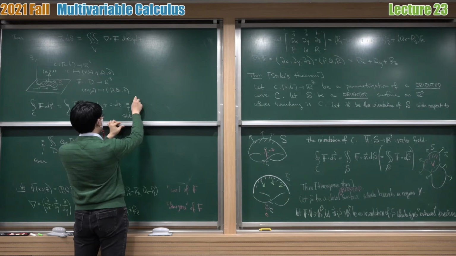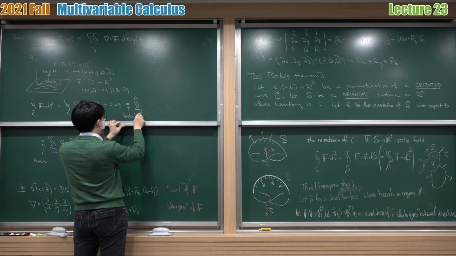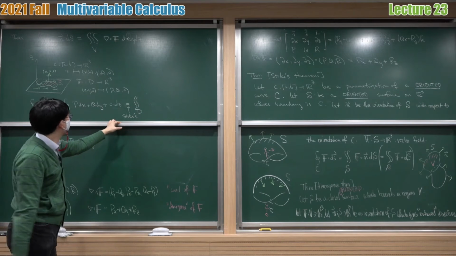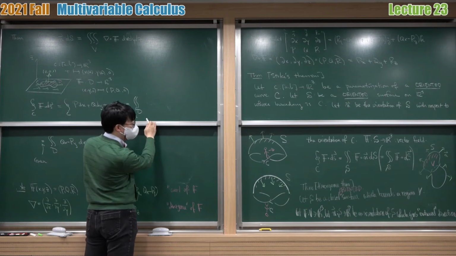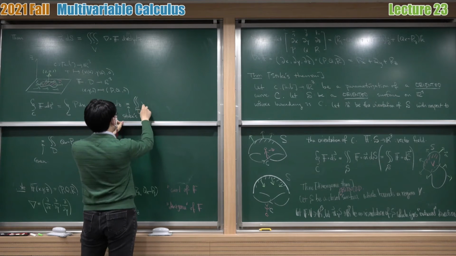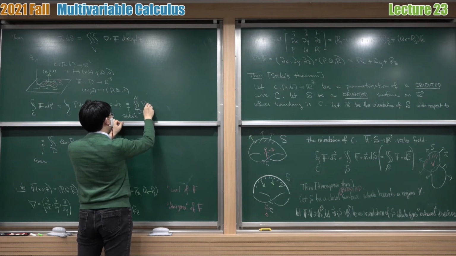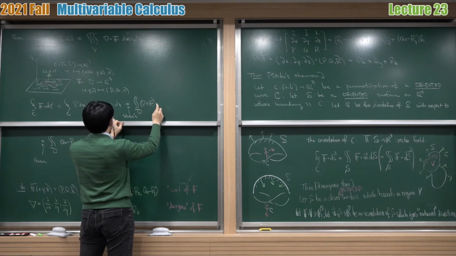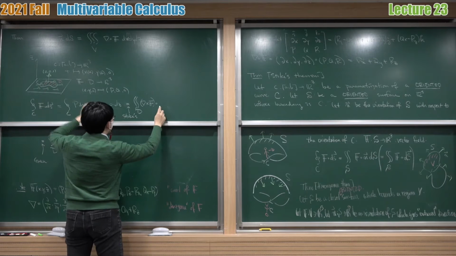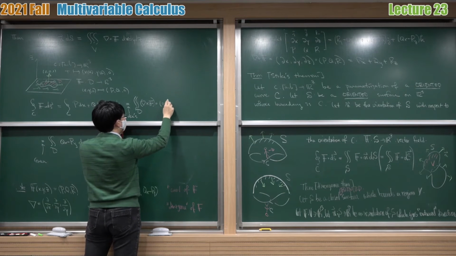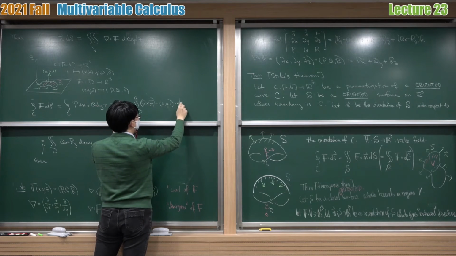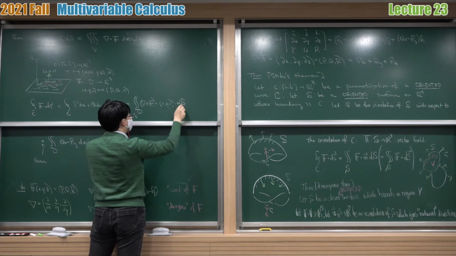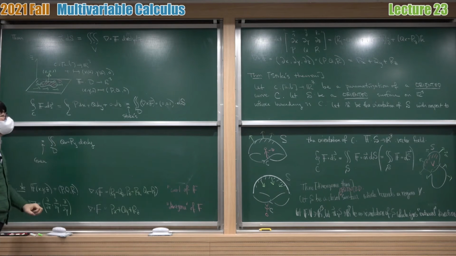So it's going to be a surface integral of the curl of the vector field, curl F, and I'm going to take the orientation as (0, 0, 1), and then integrate over the surface S. Okay, that's the Stokes theorem, right?